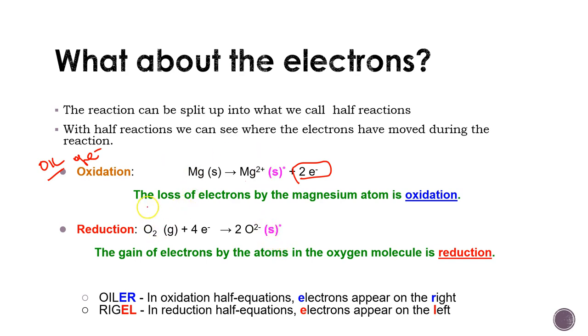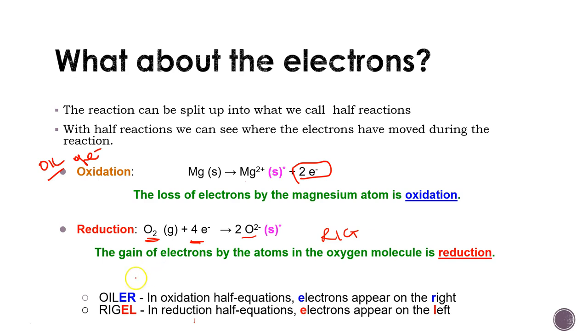In the reduction process, oxygen is gaining 4 electrons, because remember there were 2 lots of magnesium, and in order to get 2 O2-, we need to have 4 electrons here. We can see that it's gaining electrons, so the electrons are on the reactant side, and it produces 2 lots of the oxide ion. Therefore, reduction is gain, and it is the reduction process.